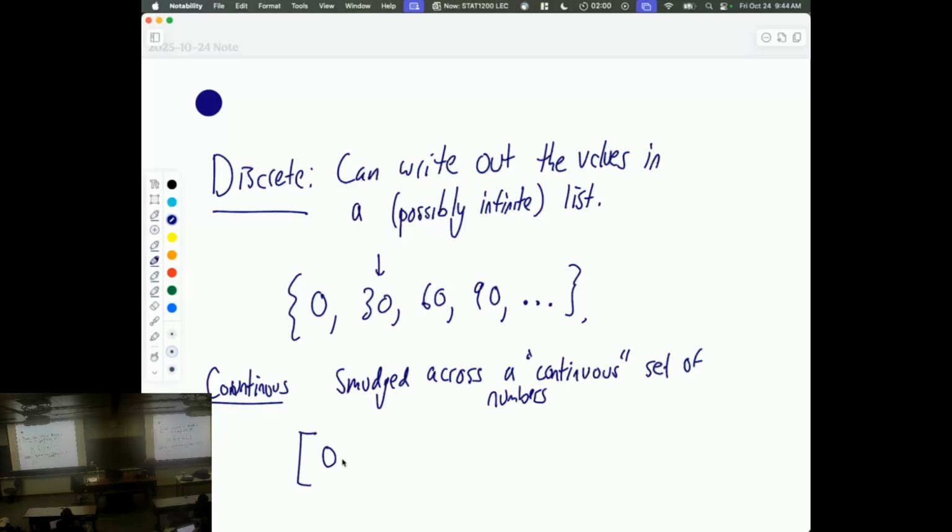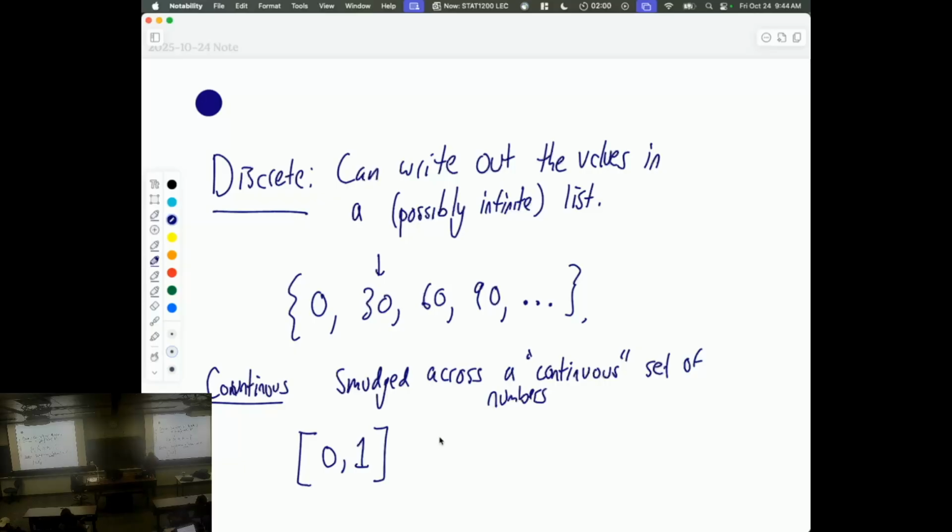If you know this closed bracket notation, the interval [0, 1], if a random variable could take on all the possible values in the closed interval [0, 1], you can't list them out. You can't say 0, 0.1, 0.2, 0.3, because then you've missed the 0.01s. And you can't just say 0.01, 0.02, and so on, because then you've missed the 0.0001s. So no matter how hard you try to list out these numbers, you won't be able to do it.